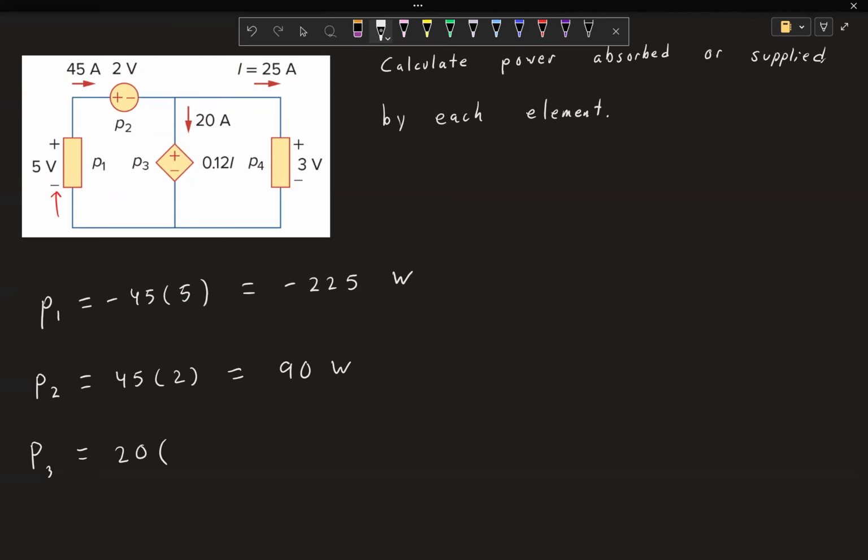Now this is a current dependent voltage source. So P3 equals 20 times 0.12 times I. But we can see up here I equals 25. So this is 20 times 0.12 times 25, which equals 60 watts.